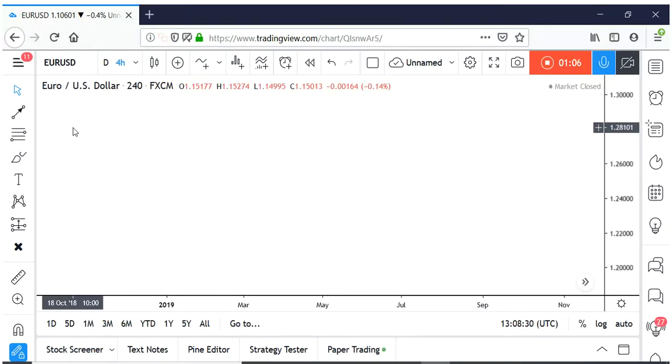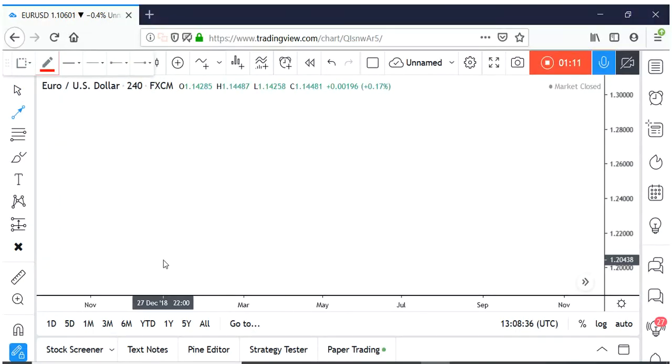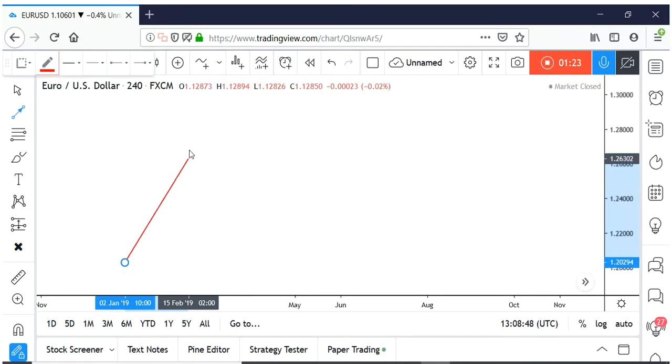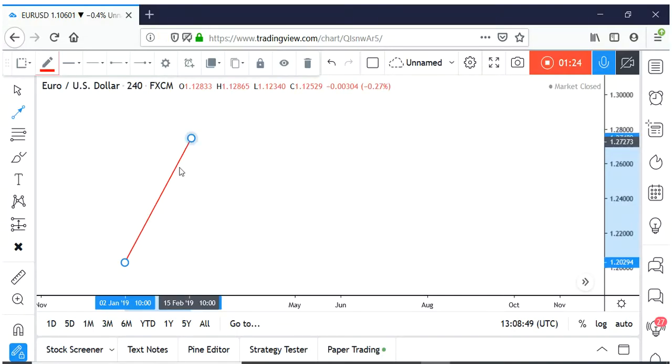First of all, what you need to identify is the anchor leg, or the impulsive leg, or the first leg. It depends whatever you want to call it. We need to identify the first move because we're doing the bullish one first. So you identify the first leg up, something like this.